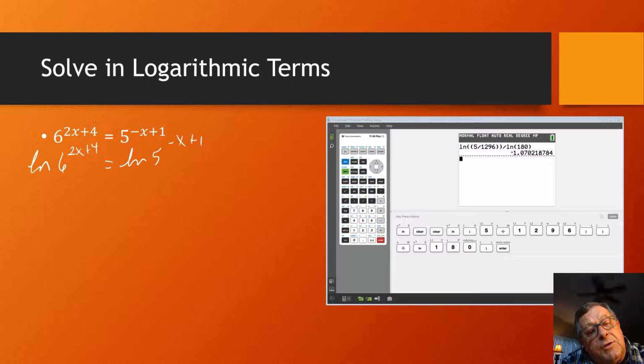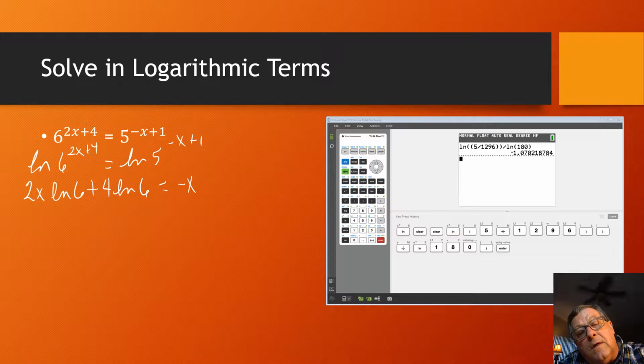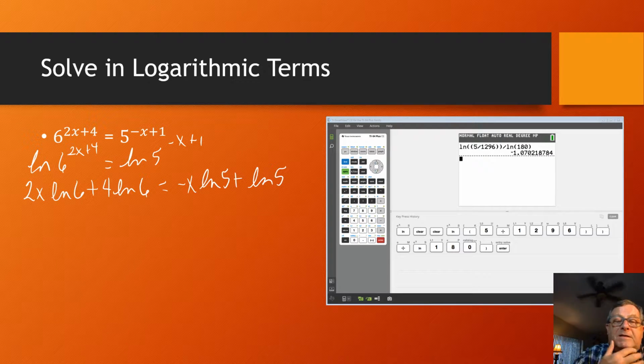When I do, I've got 2x ln 6 plus 4 ln 6 equals negative x ln 5 plus ln 5. Now let's get all of our terms with variables on the left-hand side, and our terms that don't have variables on the right side.